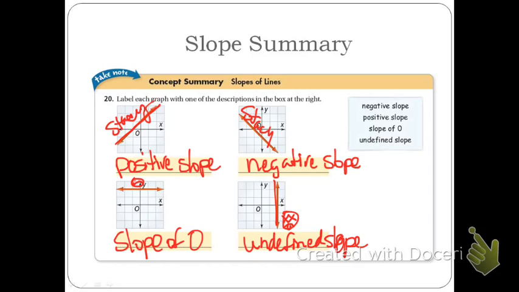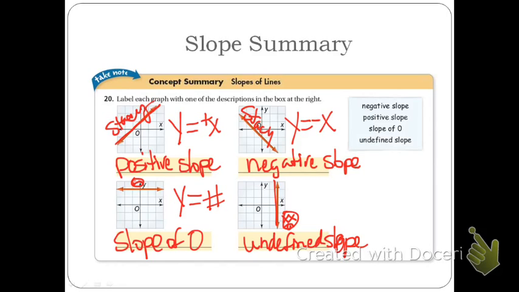To help you out, the equations for these lines for negative slope, positive slope, slope of 0, and undefined, it's also important to know that a positive or a negative slope will have the same equation, y is equal to, but then you'll have a positive x value. For a negative slope, you'll have a negative x value. For a slope of 0, you'll have no x's in your equation at all, and you'll just have y's equal some number.